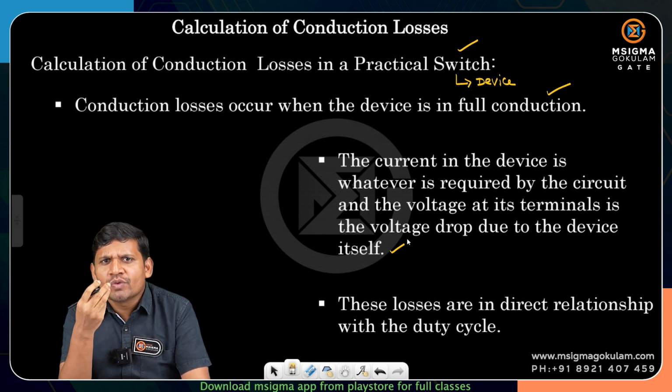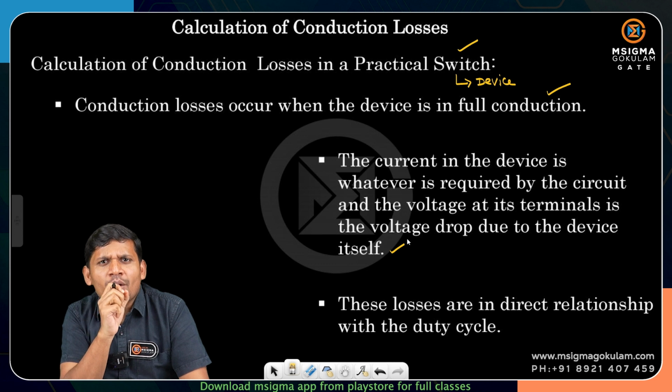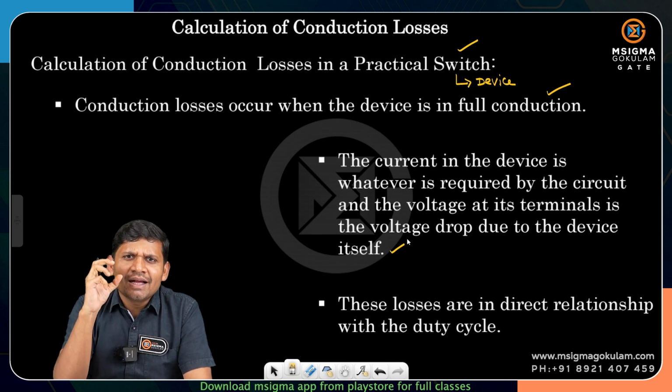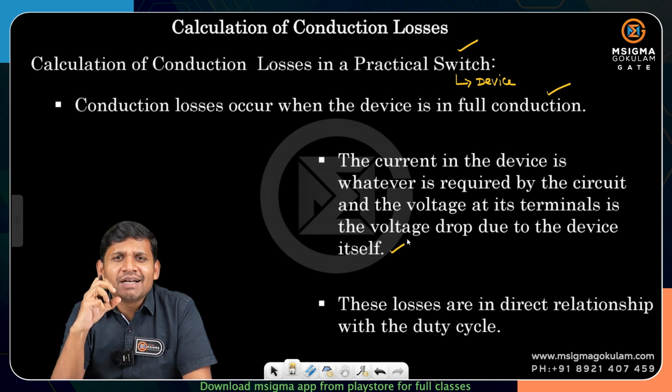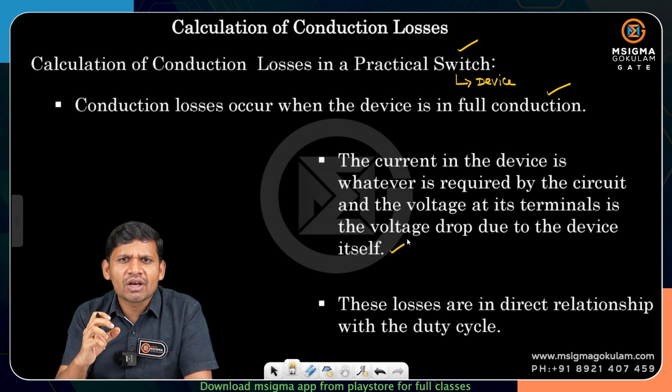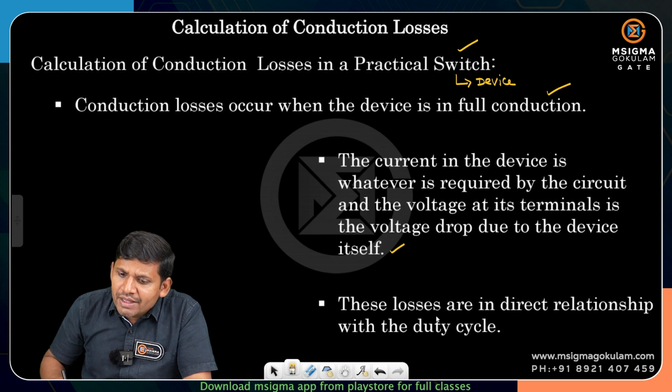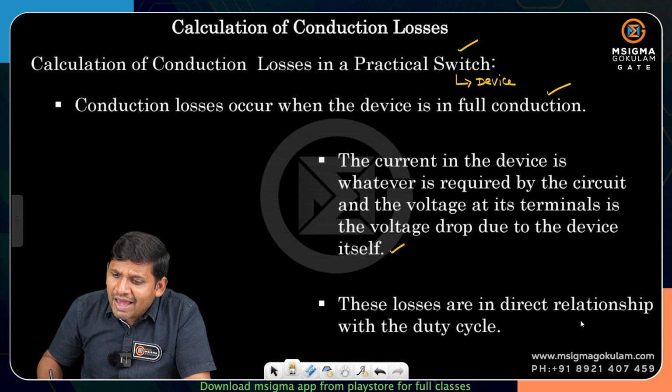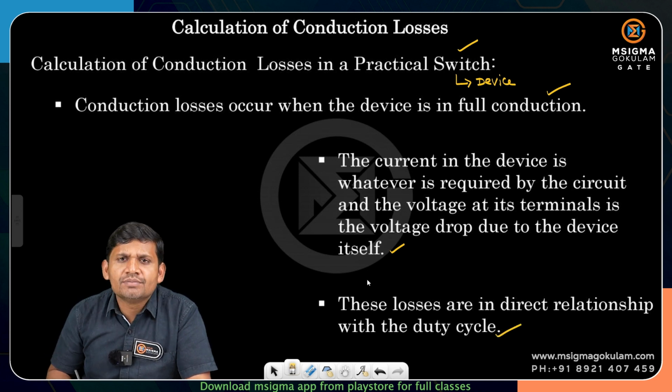Whenever current flows through the device, there is some forward voltage drop. That current times the voltage drop gives the conduction losses in a device. These losses are in direct relationship with the duty cycle.